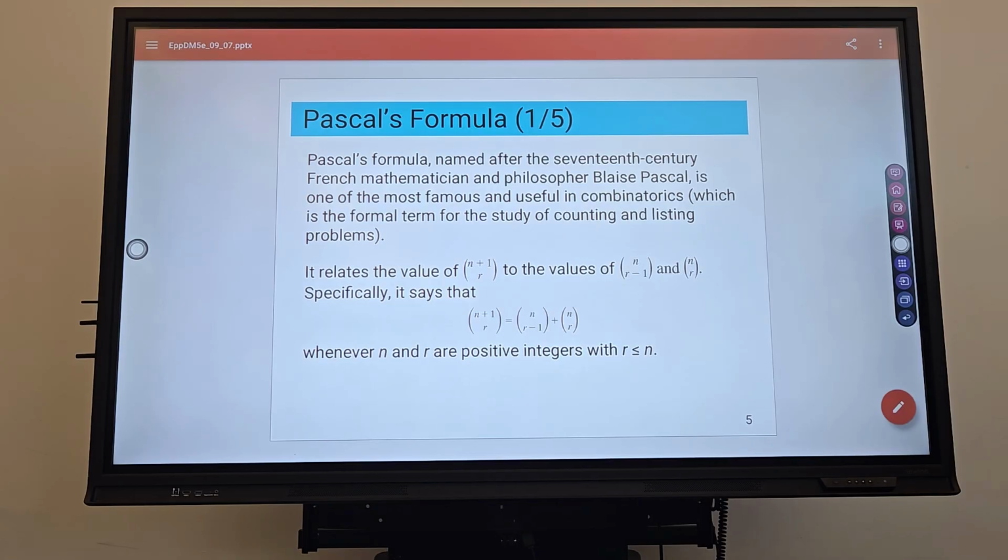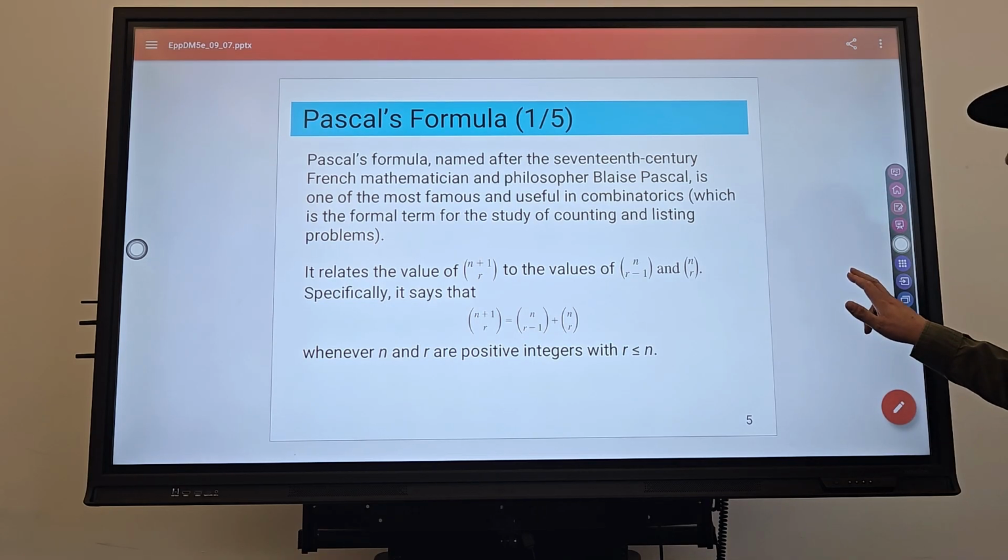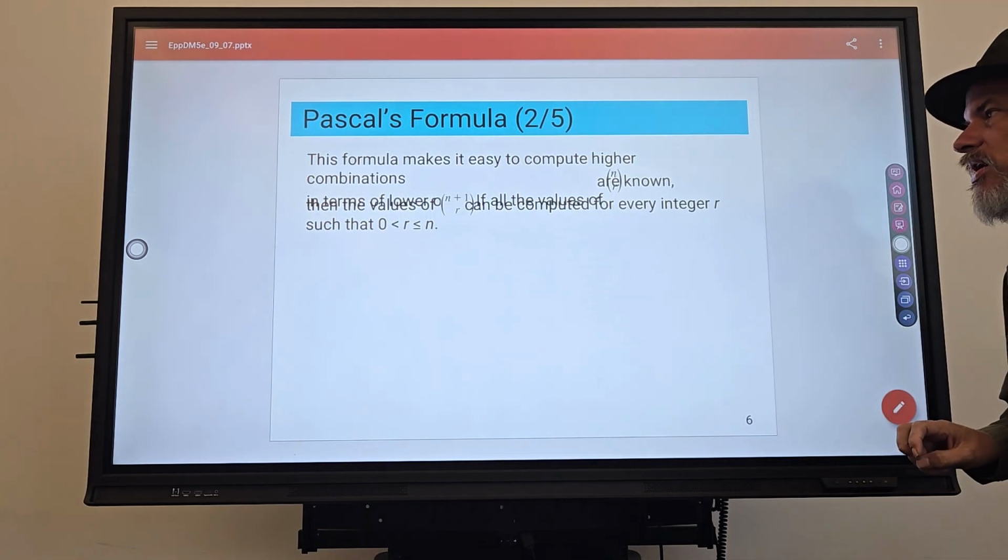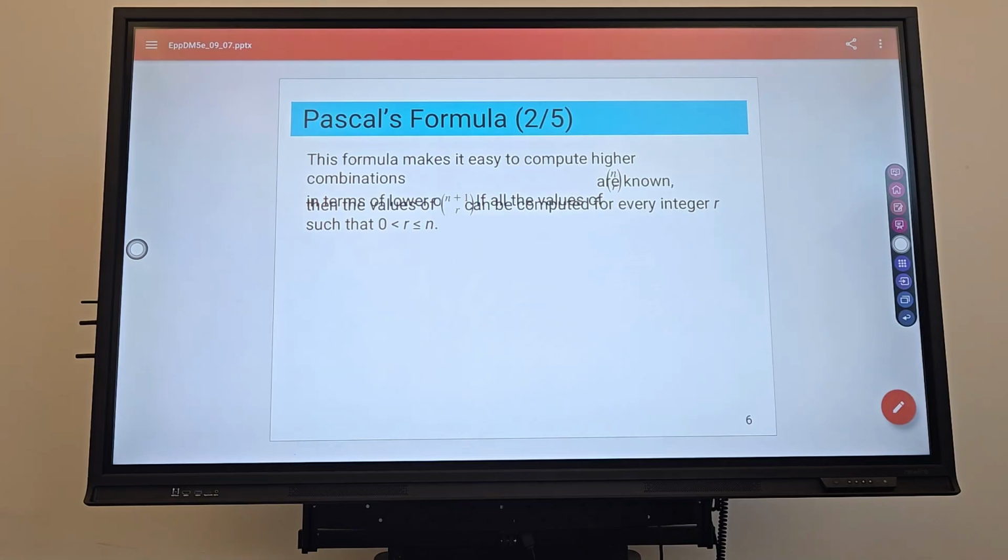Specifically, it says that n plus 1 choose r equals n choose r minus 1 plus n choose r, whenever n and r are positive integers with r less than or equal to n. This formula makes it easy to compute higher combinations in terms of the lower ones, if all values of the lower ones are known.